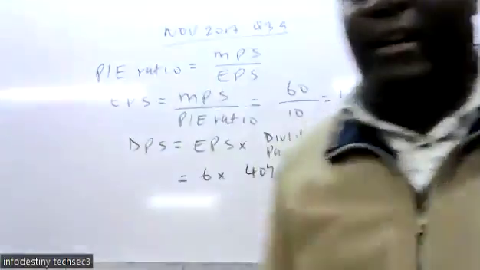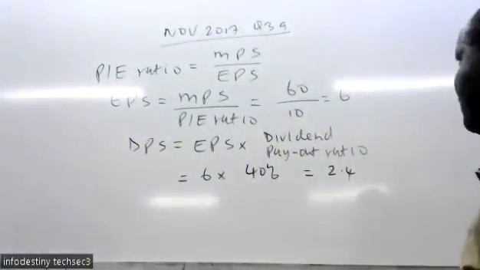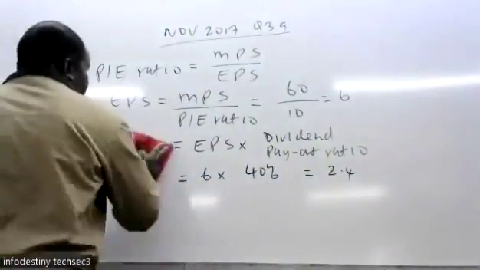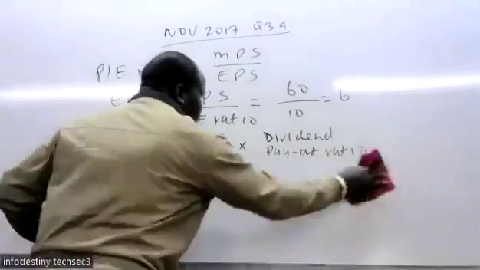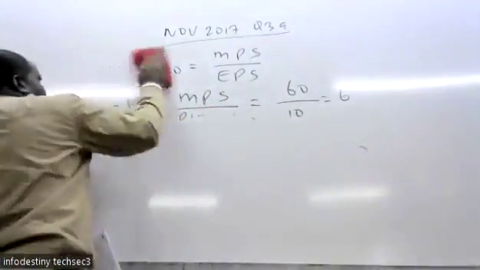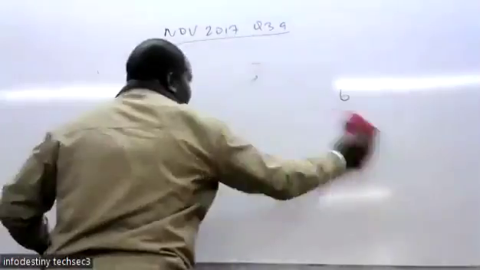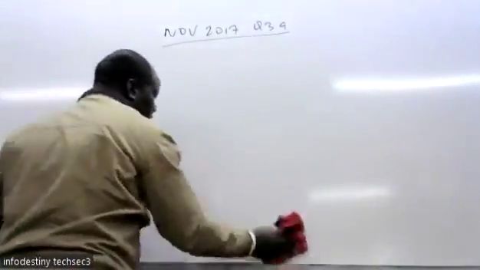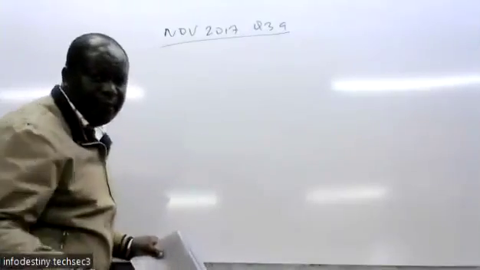Now that we have the dividend per share as 2.4, let us calculate the present value of the future benefits during the non-constant period.